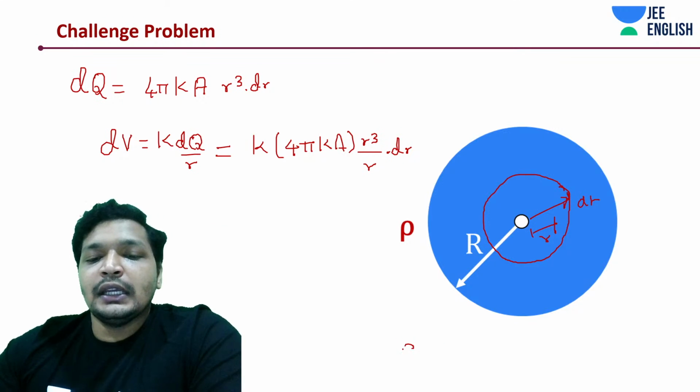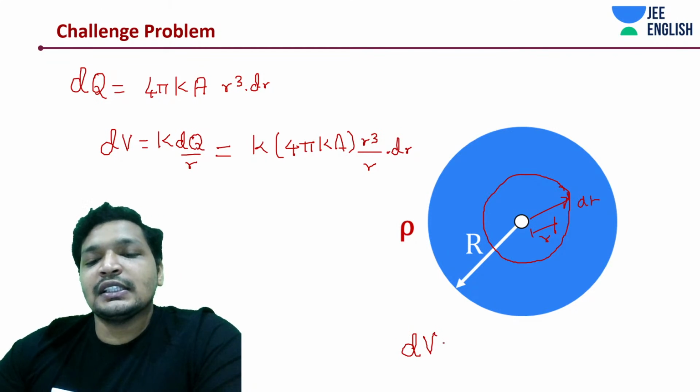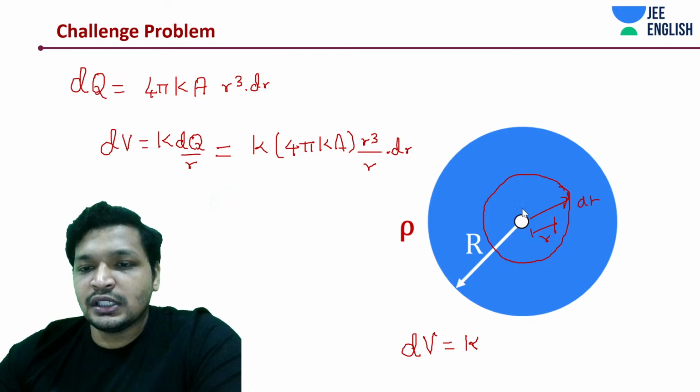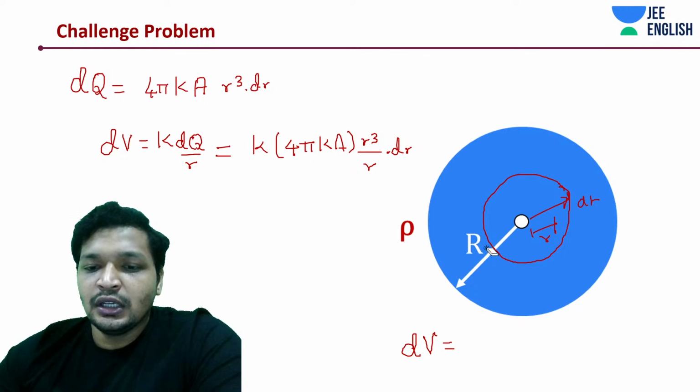In a way, from the given options you can guess the answer. dV is how much? K into k is also going to be a constant. It's just Coulomb's constant. So I'm going to keep it as a constant inside.